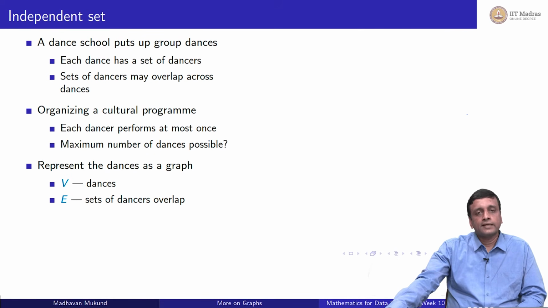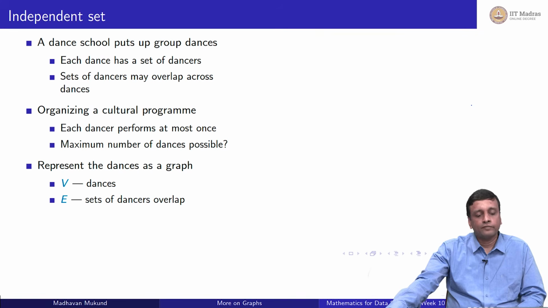In this particular case, the graph will consist of vertices which represent the dances, and an edge will represent an overlap in terms of the dance group between two dances. If two dances share a common dancer, then we cannot put both dances in the program because one dancer would have to dance in both, and that is not allowed by the rules we have just stated.